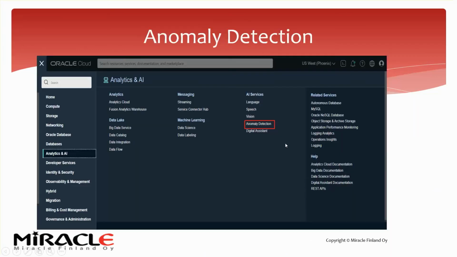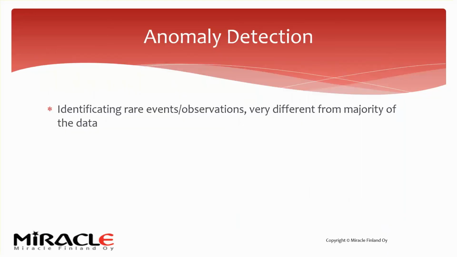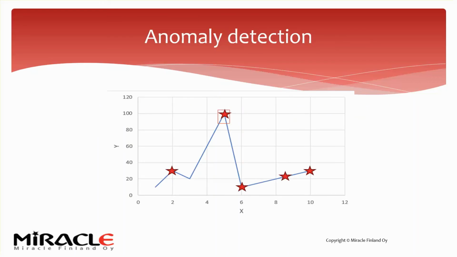What else do we have here? Anomaly detection is one of those AI services we have available in the OCI. Anomaly detection is for identifying rare events or observations that are very different from the majority of the data. Like here, we have data points in our graph, and one of those data points is very different from the others.